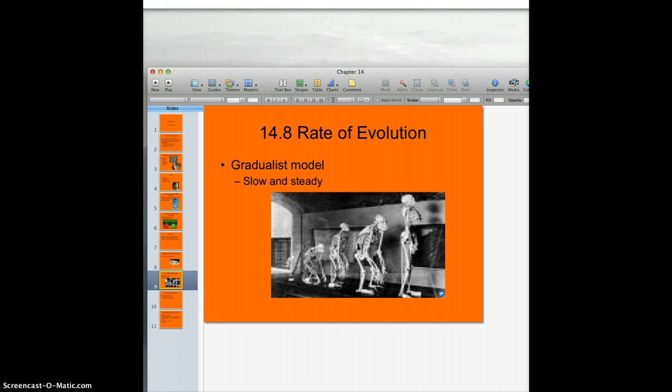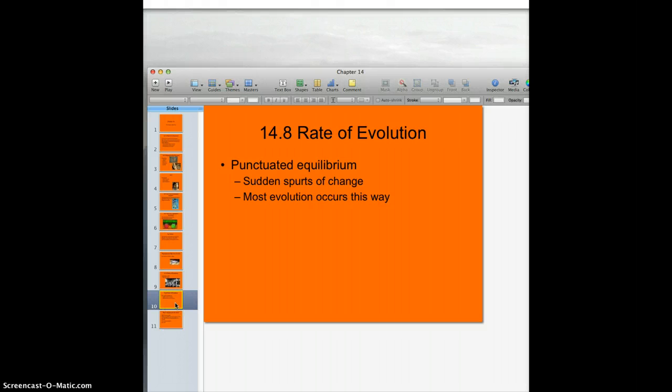Now, one of the things when we talk about becoming a species, speciation, is how fast does it happen? And a lot of people buy into the gradualist model, and this is from 14.8. And sometimes this is true. Slow, gradual, steady changes over long periods of time lead to new species. But there are times when it happens a little bit quicker.